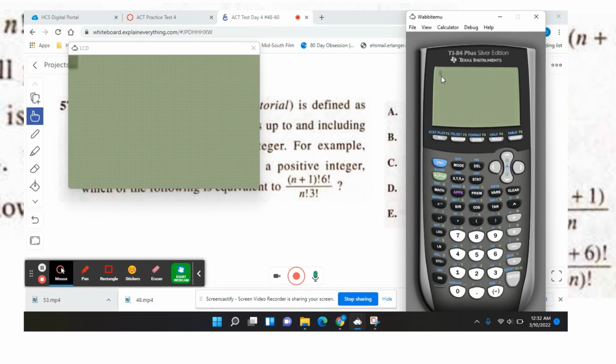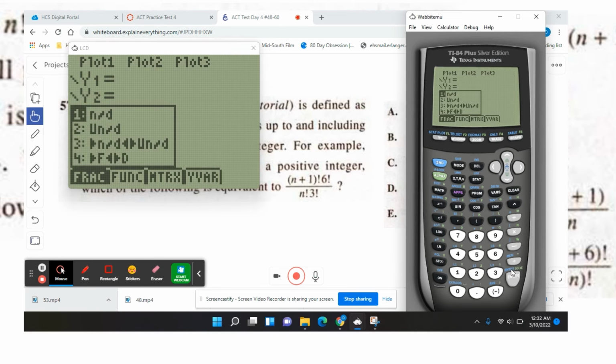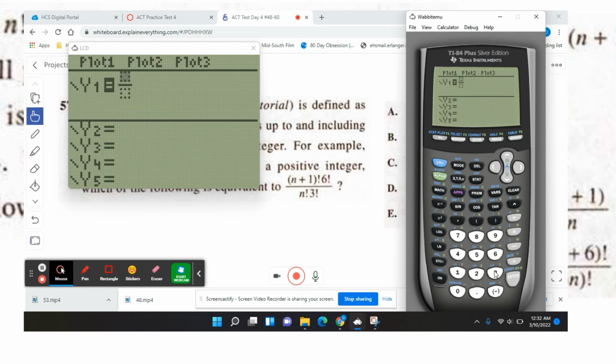So on this example, we can actually put this straight into our calculator. So I'm going to go to y equals and type in this equation that I see here with the exclamation points. These are called factorials. But I'm going to set up my fraction mode, and I'm going to put in x plus 1 factorial.